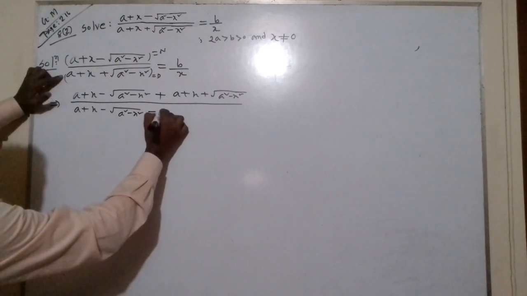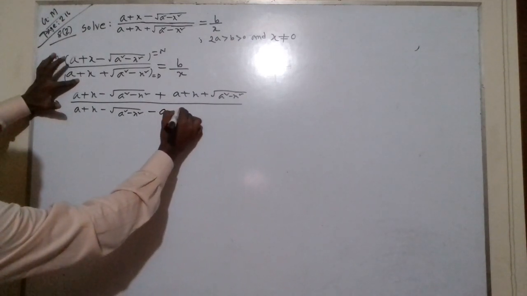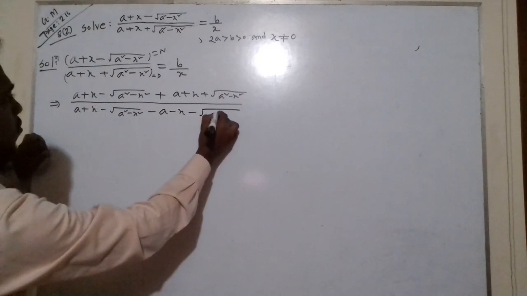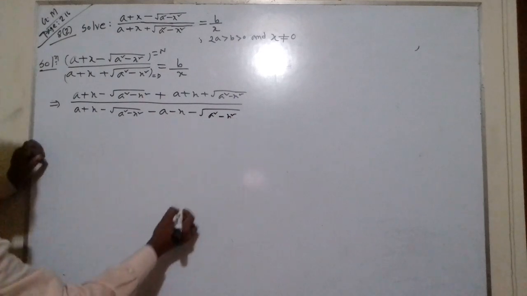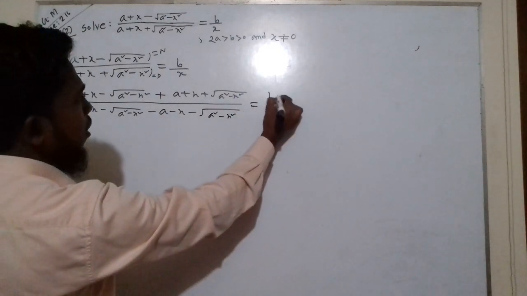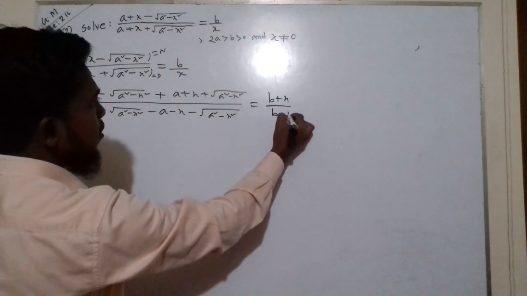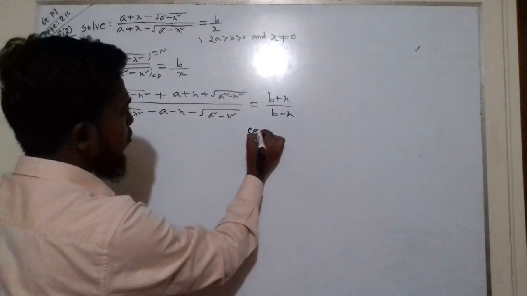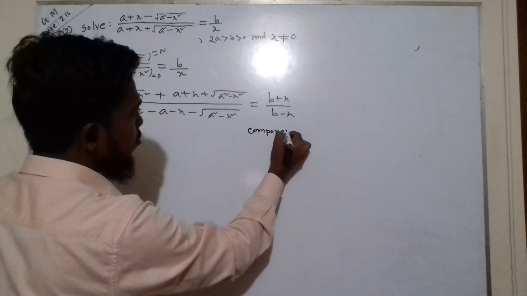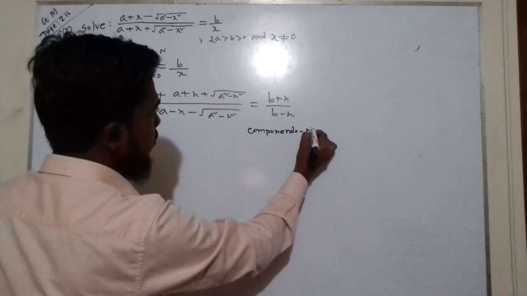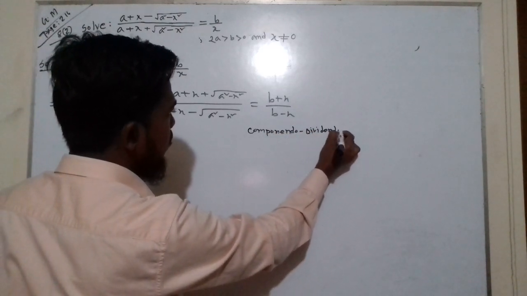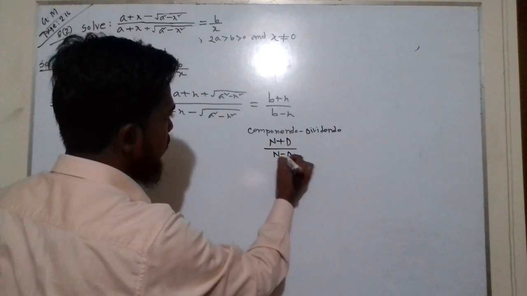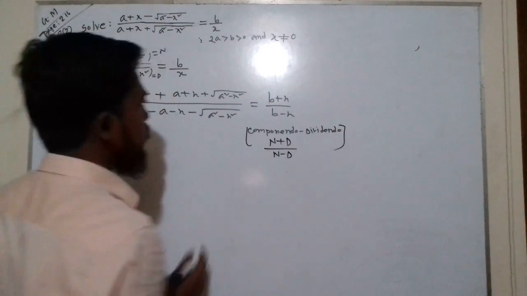Plus is minus and plus is minus, and plus is minus root over a square minus x square. Equal to b plus x divided by b minus x. Here is the law of componendo and dividendo: numerator plus denominator divided by numerator minus denominator in both sides.